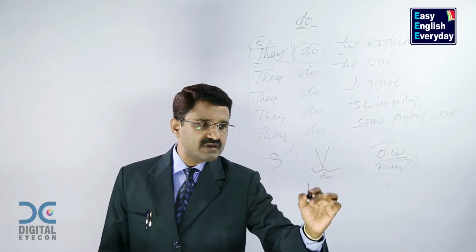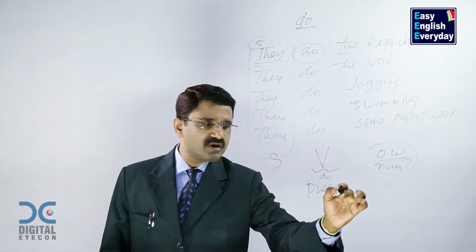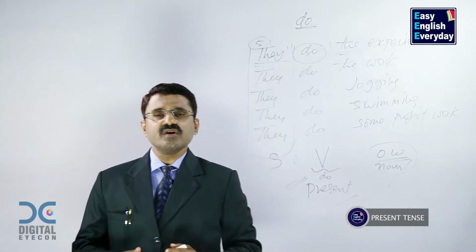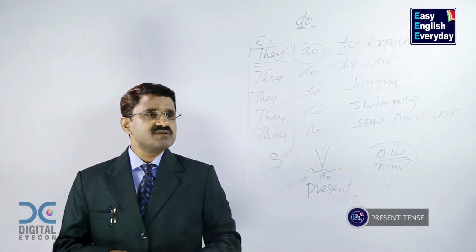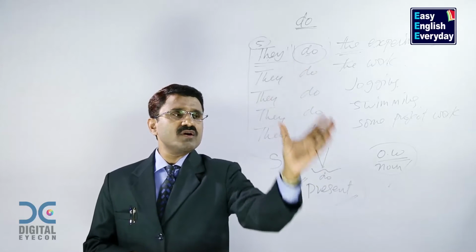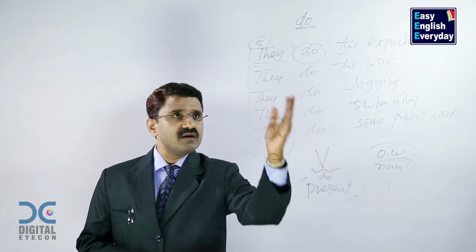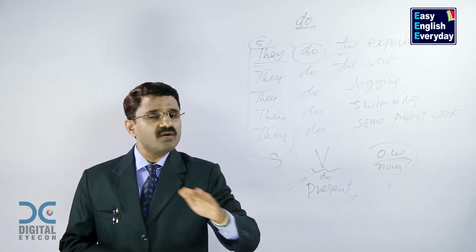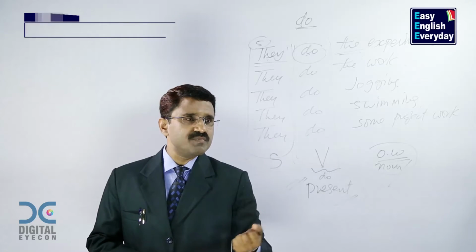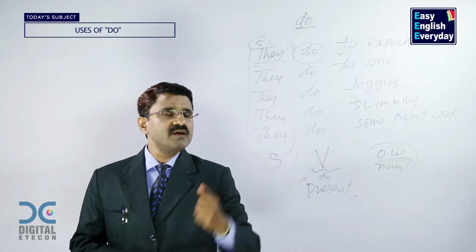So you can keep 5 types of subjects here, keep do, and you can add nouns there. Now this type of sentence you use to talk about present tense. And in this sentence, you are concentrating on the work done by these people on regular basis, usual basis, routine basis. It is their daily practice.